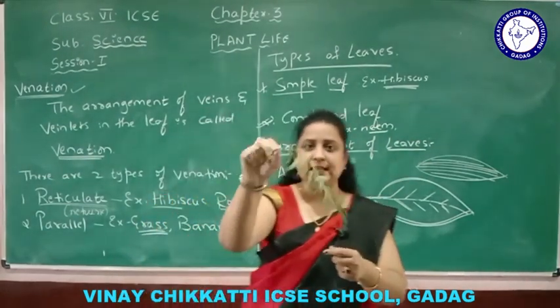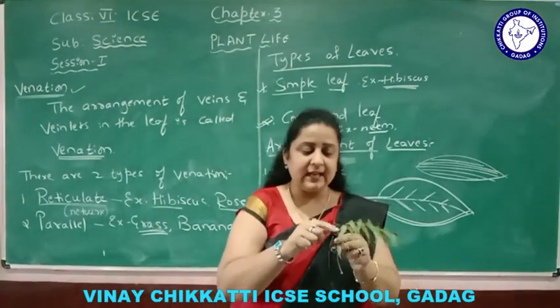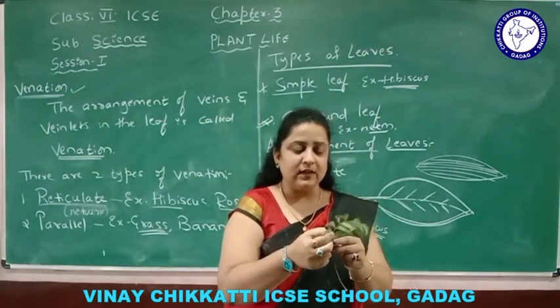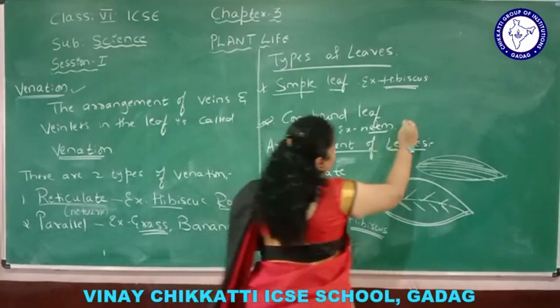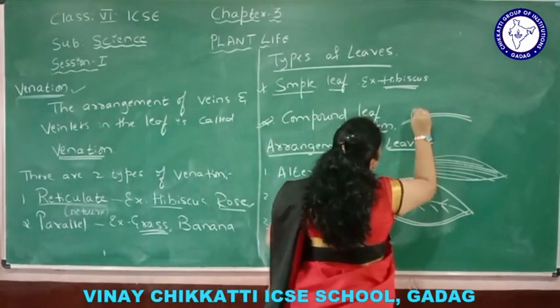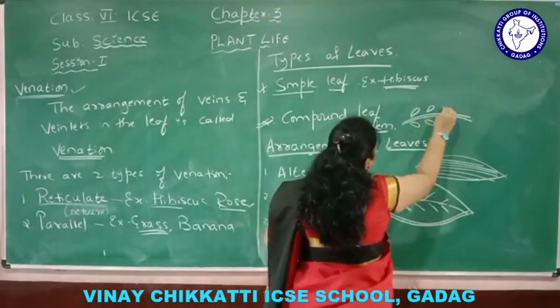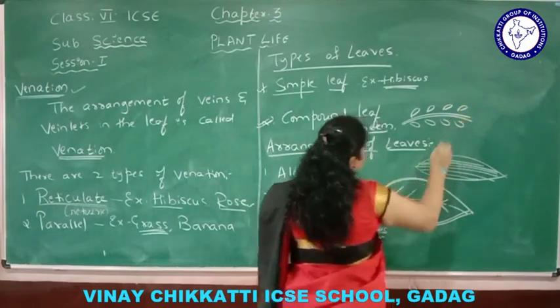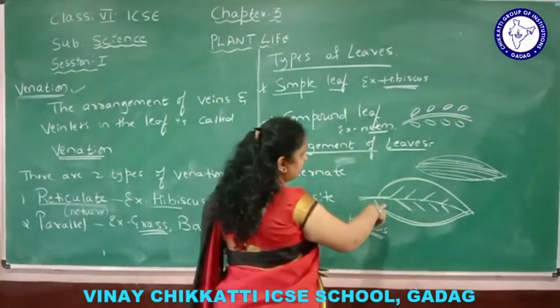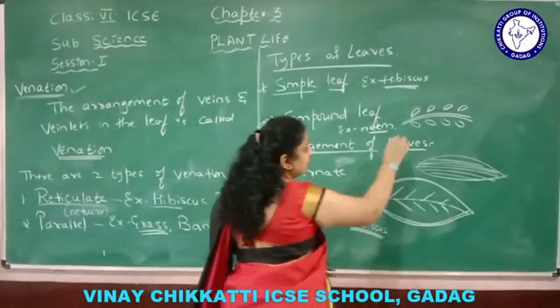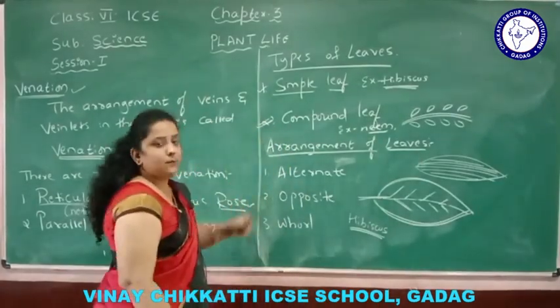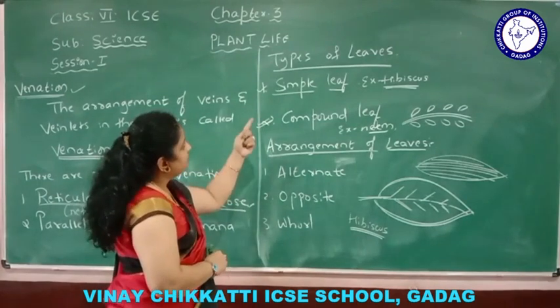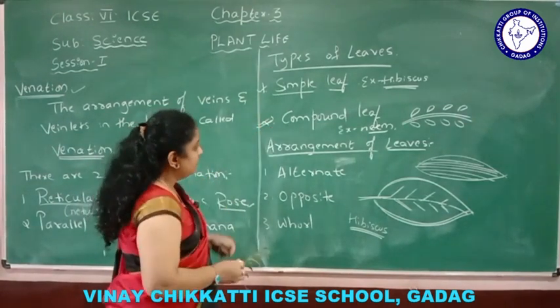Now this is one leaf, actually this is one leaf, and again it is broken into or divided into leaflets, is called compound leaf. Draw the diagram like this. So this leaf is entire, is called simple leaf, but this leaf is not entire, it is again divided into numerous leaflets, so it is called compound leaf. So there are two types of leaf, simple leaf and compound leaf.